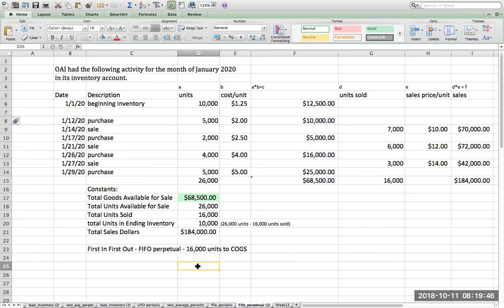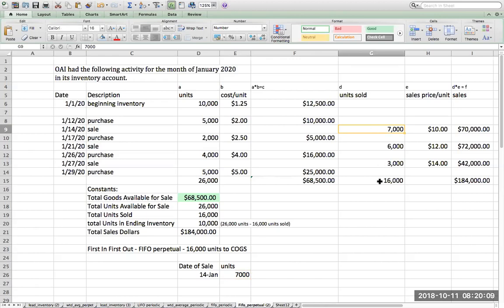So our first date of sale was January 14th. So first in, first out. I've got basically here 7,000 units that I need to take to cost of goods sold.